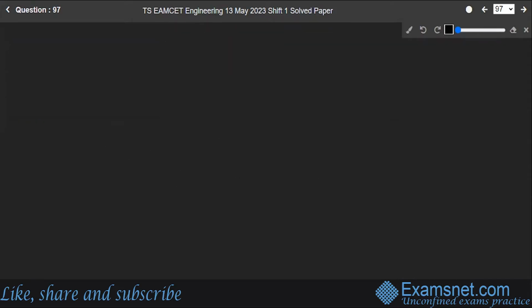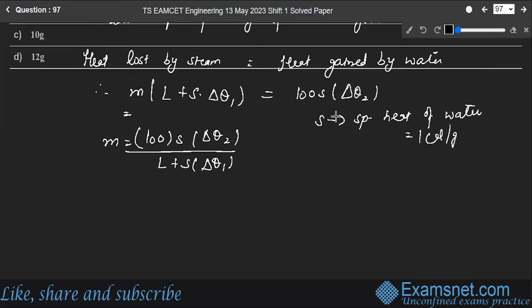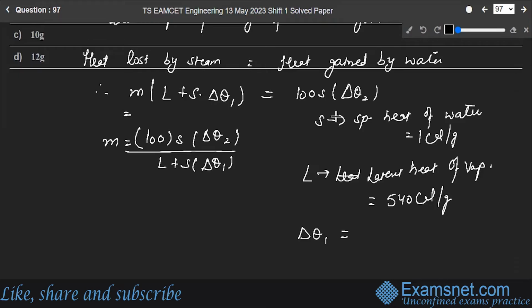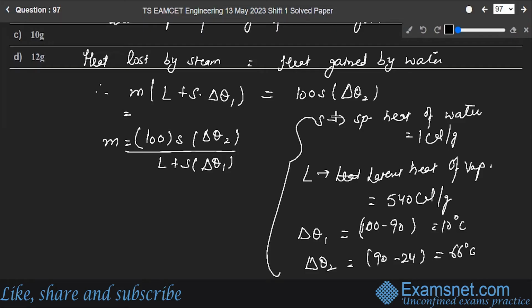And your L is latent heat of vaporization, that is equal to 540 calories per gram given in the question, and delta theta 1 is 100 minus 90, that is equal to 10 degrees Celsius, and delta theta 2 is 90 minus 24, that is equal to 66 degrees Celsius. Now let's substitute all these values in this equation.